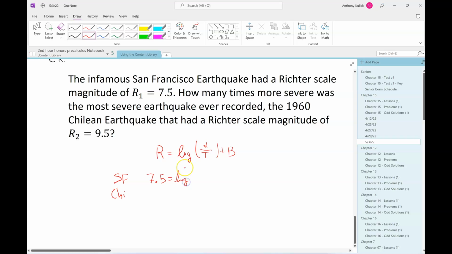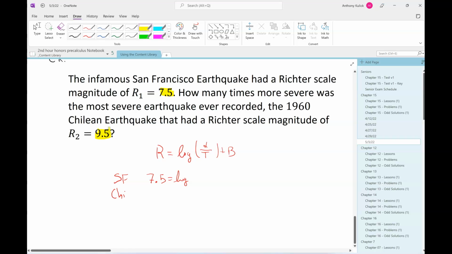Now, before we get going too far, let's pause here and talk for a moment, because we're going to do a little bit of hand waving here. These Richter scale measurements that we've been given have already had the correction factor applied to whatever measurement they took on the earthquake, right?